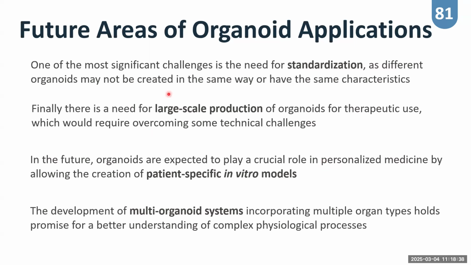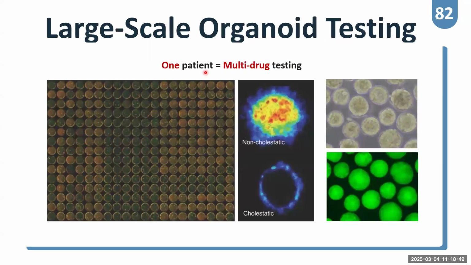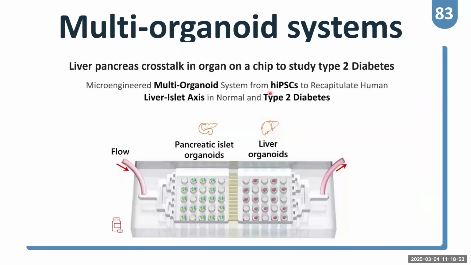And another thing that we want to do is large scale production of organoids. From now we can do a multi-organoid system. For example, one patient with multi-drug testing, or we use microfluidics like this.